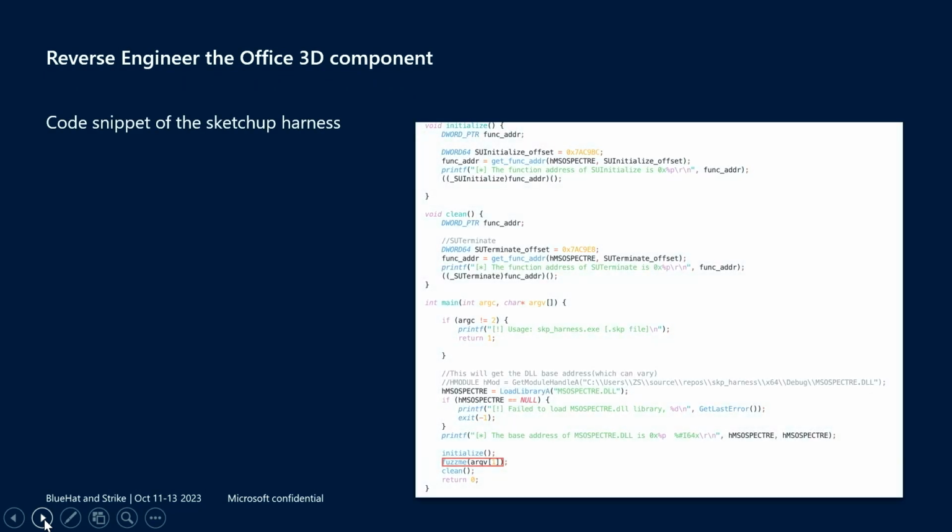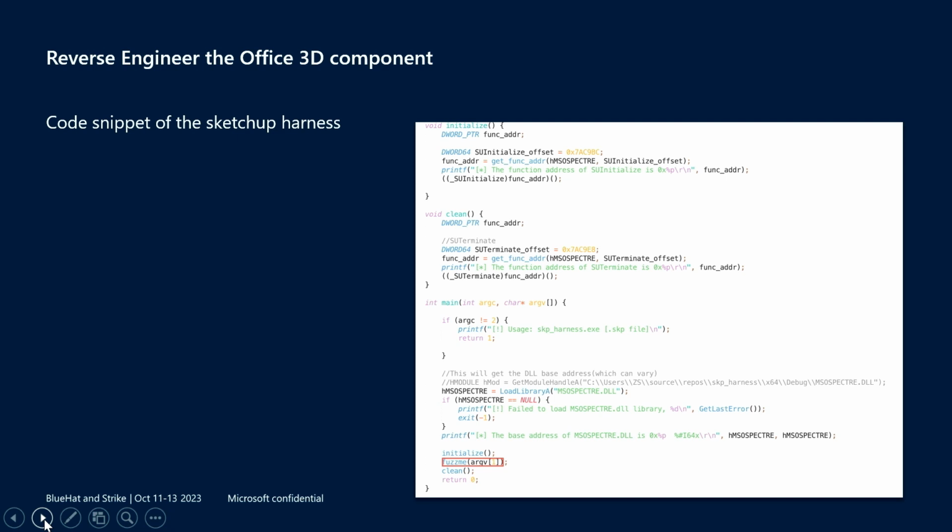Okay, here is the code snippet of the SketchUp harness. The first step involves loading the Office 3D library using the LoadLibrary API, and following that, it's essential to call SU initialize before using other SketchUp API functions. Once initialized, the fuzzme function is called.